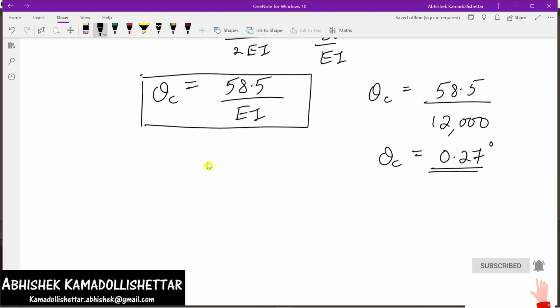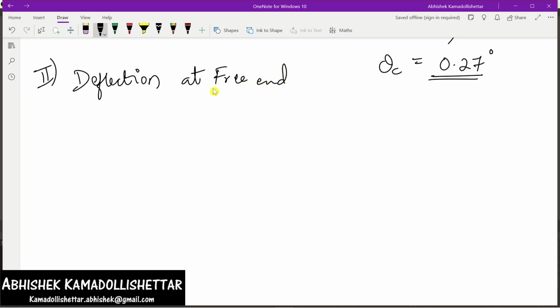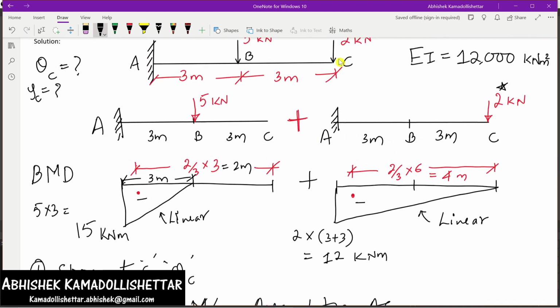Now we need to calculate the deflection. The second part is we need to calculate the deflection at the free end. Let us call that YC because it will happen at the place C here.